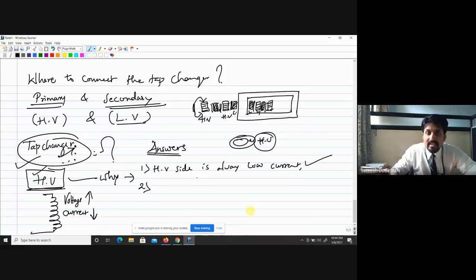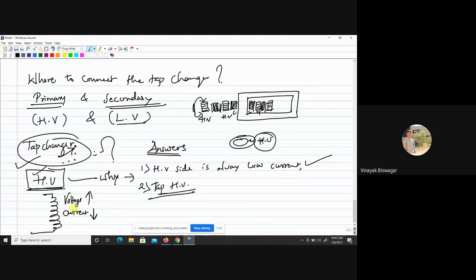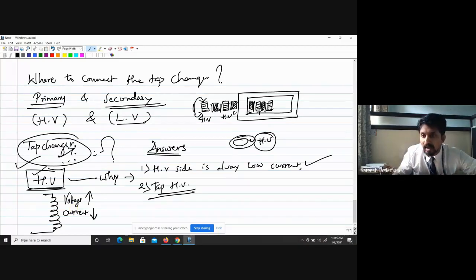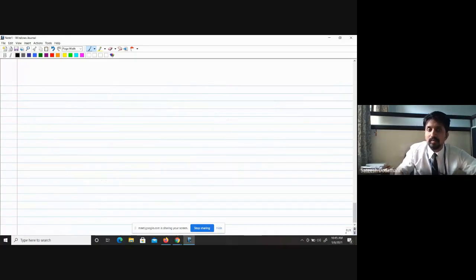Hence you can easily tap the high voltage winding, hence they connect it to the high voltage winding only. These are the two answers why the tap changer will be connected to the high voltage side. Is it clear? Yes, sir. Okay. Now after this, let me move to the tap changing transformer diagram.